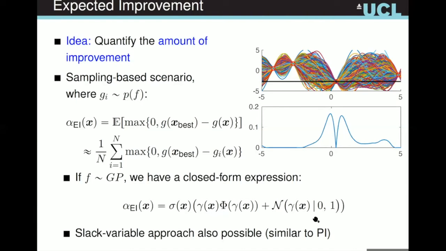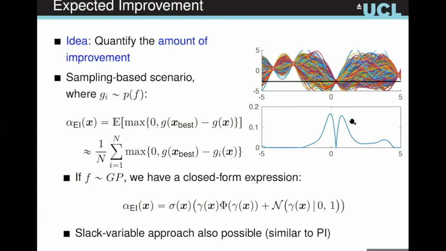That corresponding equation down here would be the closed form expression for this kind of sampling-based intuition. And if we draw, for exactly the same example that we had earlier, the expected improvement, we would get a graph that looks like this.